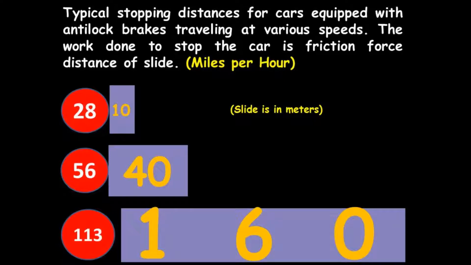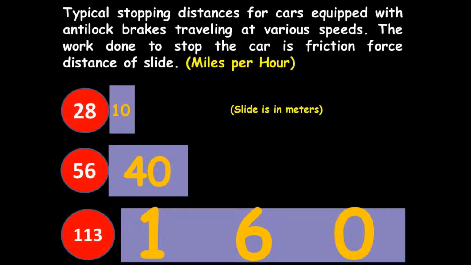Well, if you double the velocity, you're going to be quadrupling the distance that it's going to take to stop. If you're doubling it from 56 to 113, you're going to quadruple the distance. Instead of 40, it'll be 160.